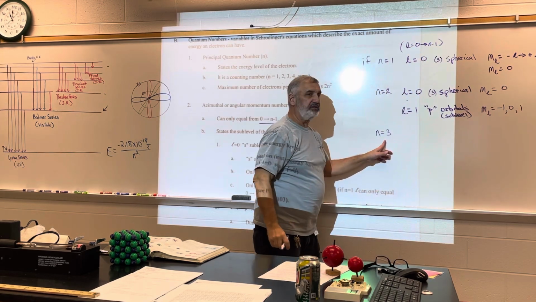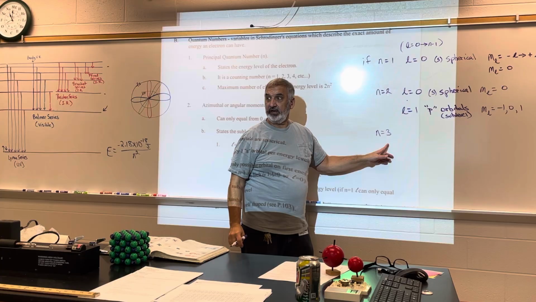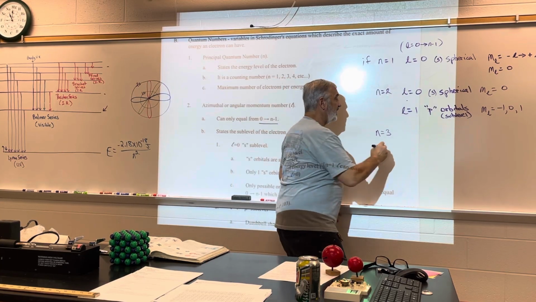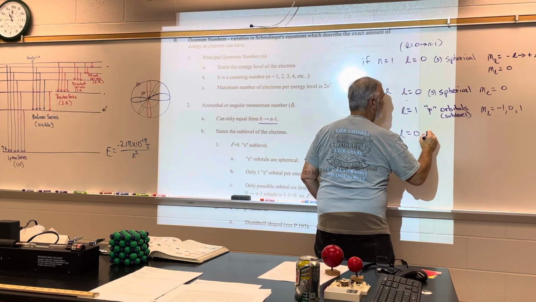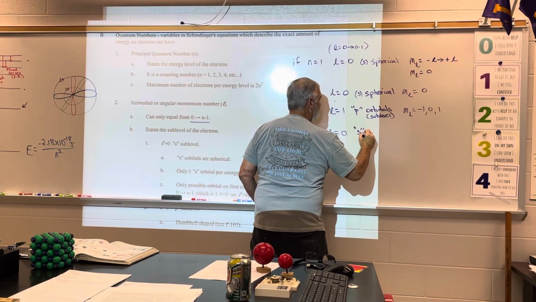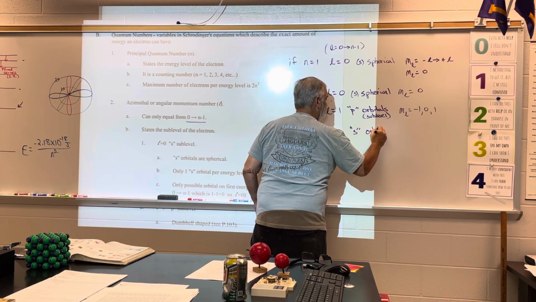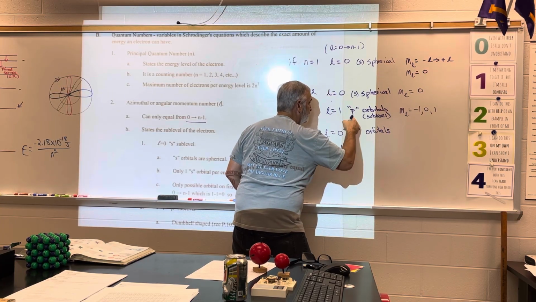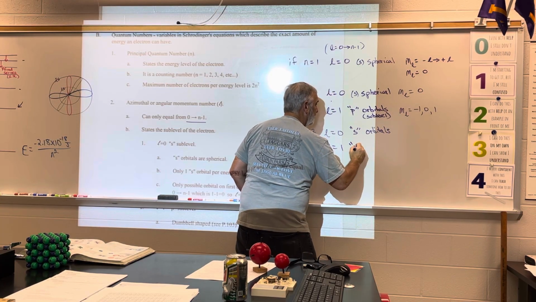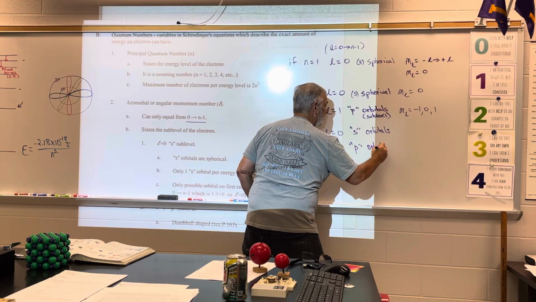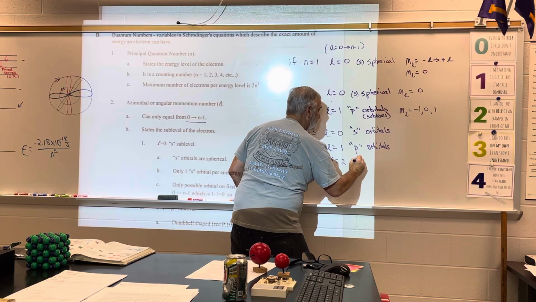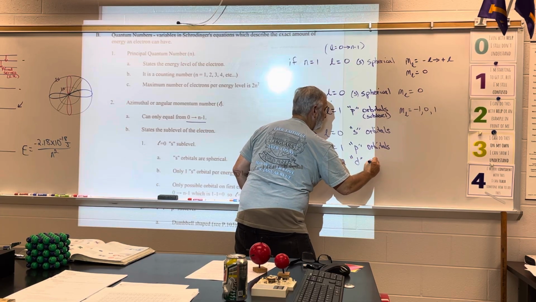So what can l equal? 0, 1, and 2, right? So l equals 0 still corresponds to an s orbital, and there's just going to be one of them. l equals 1 still corresponds to my p orbitals, or sublevel. And now l equals 2 is going to correspond to d orbitals.